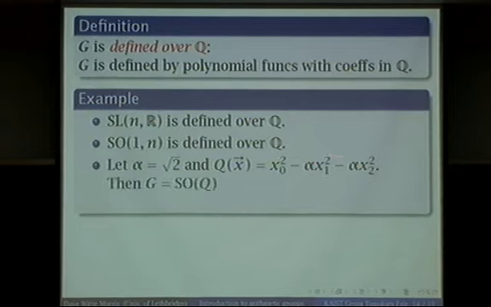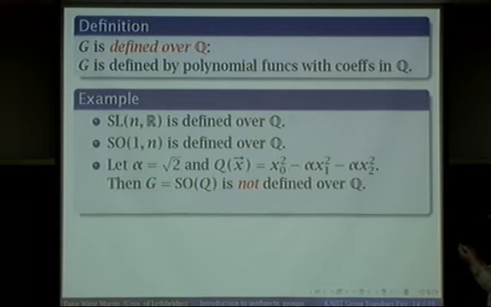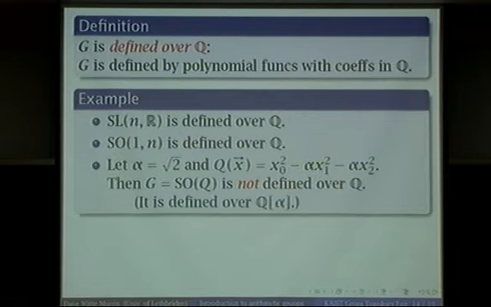Then the corresponding orthogonal group is definitely not defined over Q. Because when you write down what it means to be in SOQ, if you've got a matrix A, you take A times something with alphas in it, times A transpose, it should be this thing with alphas in it. When you multiply that out, you get some alphas in your equations. So there'll be polynomial equations, but the coefficients will have alphas in them. They're not rational numbers. Instead, G is defined over an extension of Q.